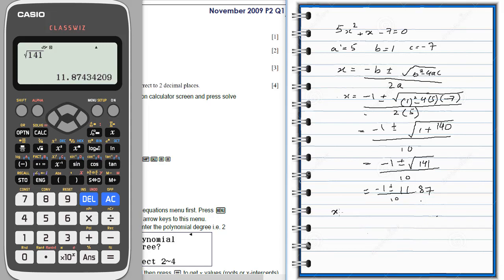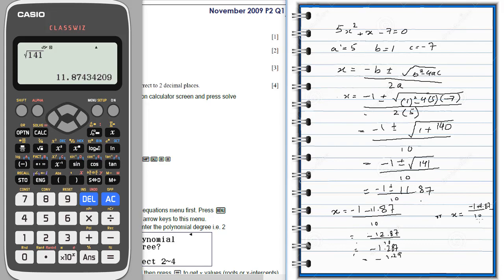So this will be written twice: x equals minus 1 minus 11.87 over 10, or x is equal to minus 1 plus 11.87 over 10. If I subtract 1 from 11.87 in the first, I will get minus 12.87 divided by 10. So this will be minus 1.287, which can also be written as minus 1.29.